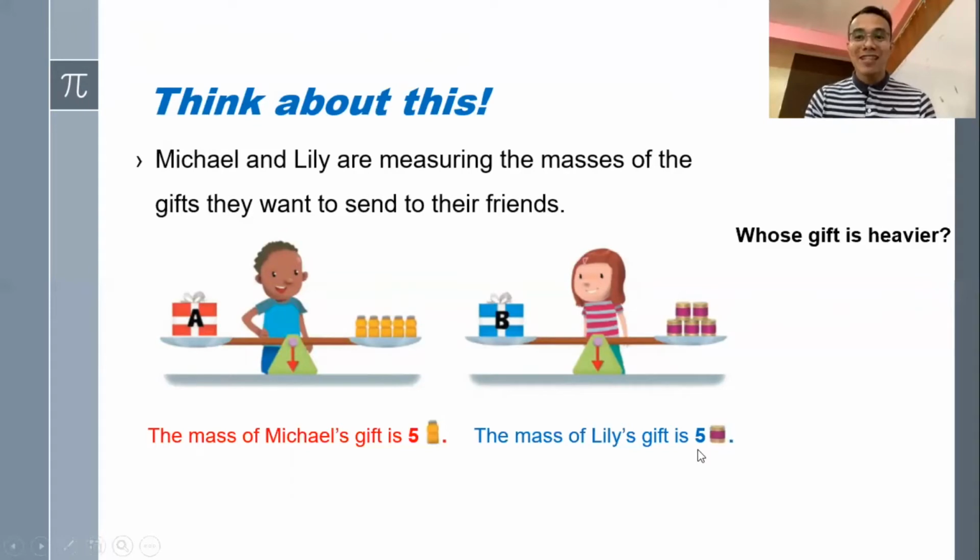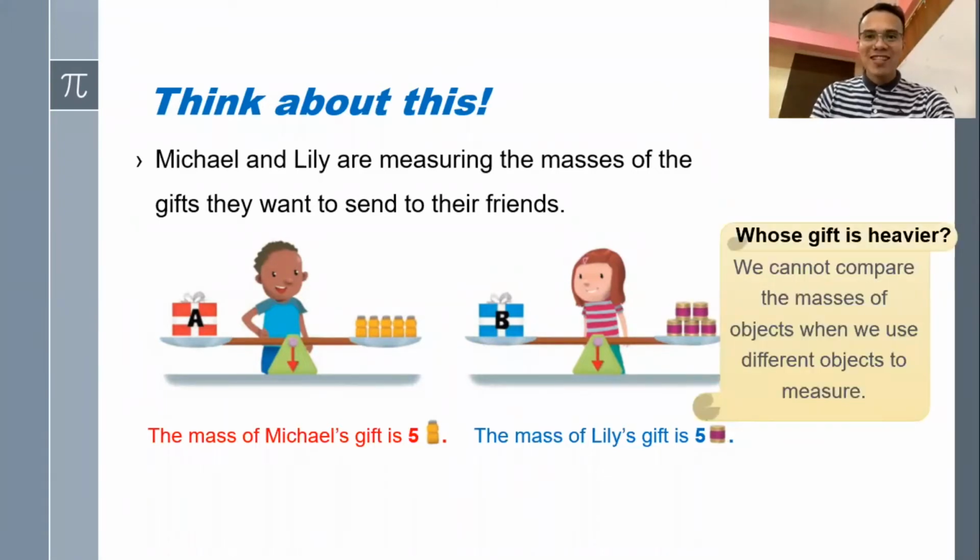The question now is, whose gift is heavier? Is it the gift of Michael or the gift of Lily? What do you think? And the answer is there's none. We cannot compare the masses of objects when we use different objects to measure.